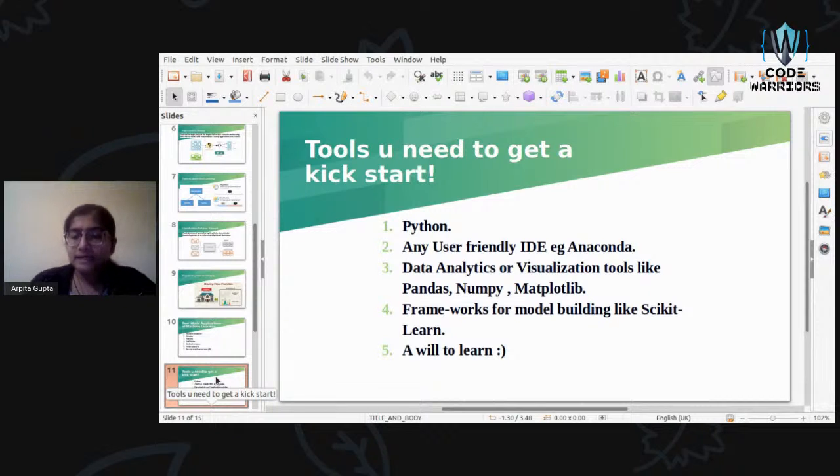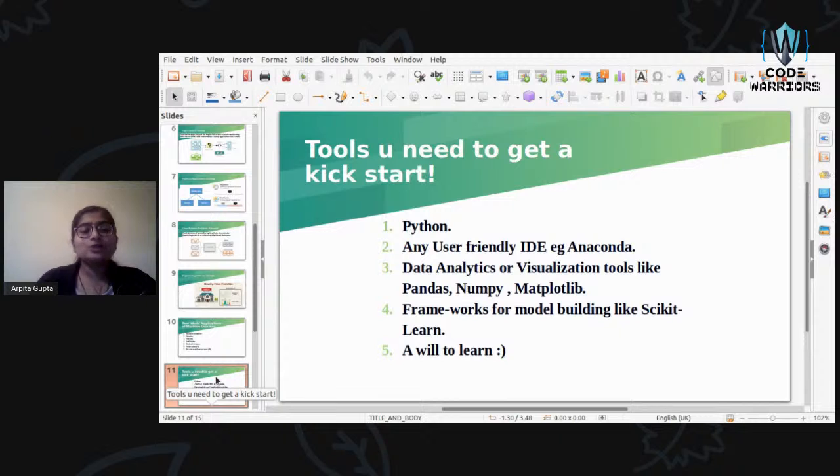But since this workshop is for beginners, the very basic framework which you should get started with and start learning is scikit-learn. Scikit-learn is an amazing framework, and you would really find great models inside it. You can create a model with some code, and you can do the train test split, which you need to do on data eventually. That can also be done with the help of scikit-learn.